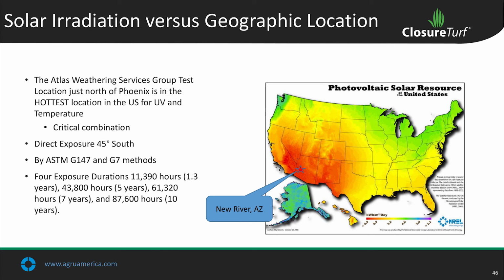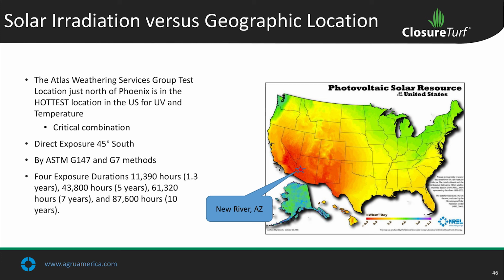So how about solar irradiation versus geographic location? The Atlas Weathering Services Group test location north of Phoenix is probably the hottest in the continental United States. Well, actually the entire United States for UV and temperature. That's the critical combination.